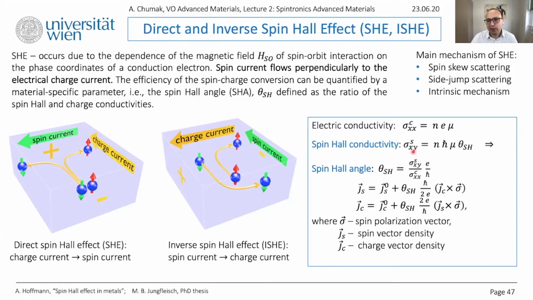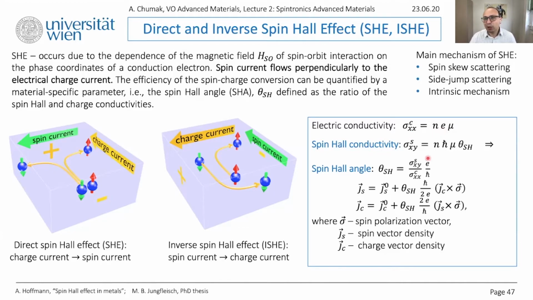The spin-Hall conductivity is proportional to the mobility, to density, and to the spin-Hall angle. So the spin-Hall angle is a parameter. You remember there is a Hall angle which defines how strong your Hall effect is, and here we introduce a new parameter, the spin-Hall angle, which defines how pronounced your spin-Hall effect is. And what else is interesting here is that since this electric conductivity is all about electric charge, you have here the charge of the electron.